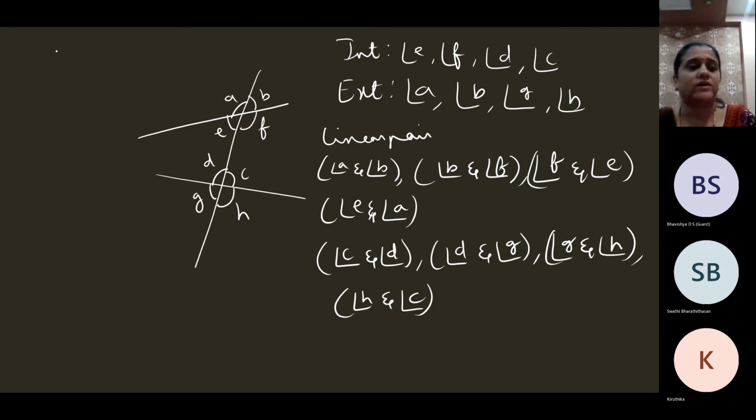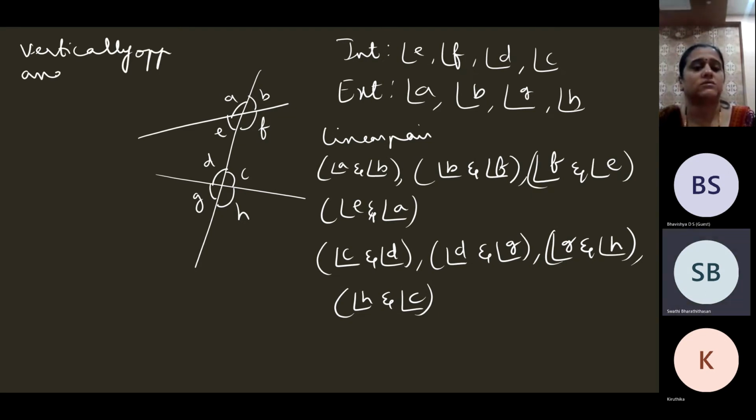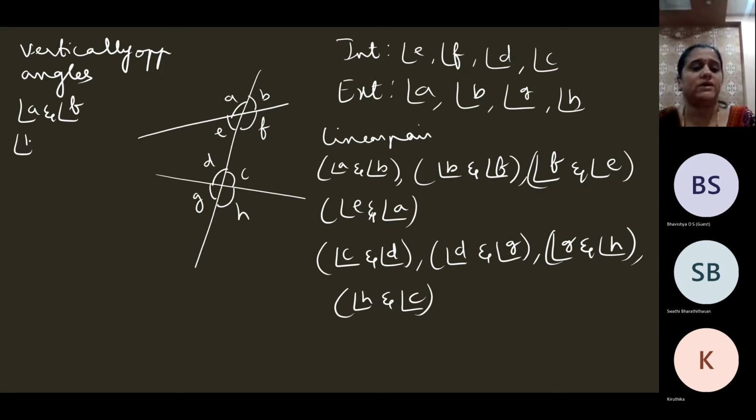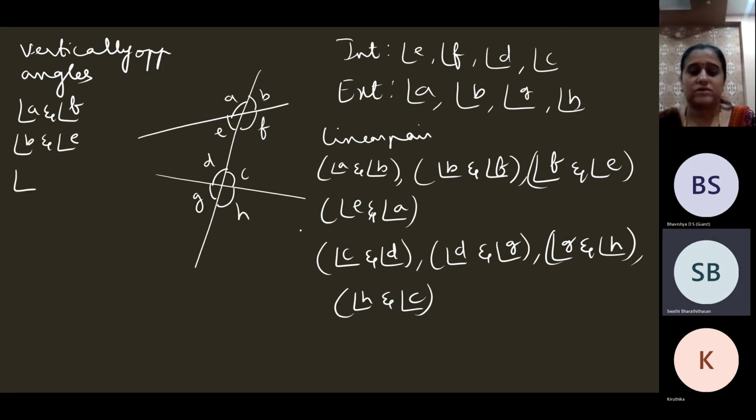All right. Okay, fine. Name the pairs of vertically opposite angles, children. Angle A and F. Angle B and E. Angle B and D. Angle D and H. It's okay.